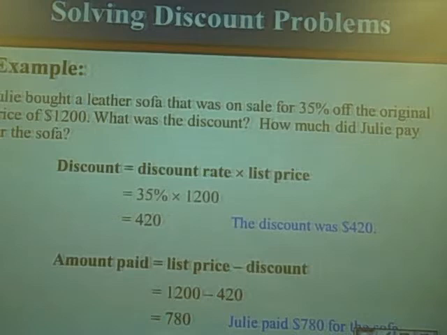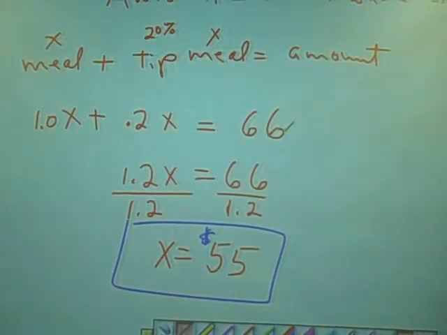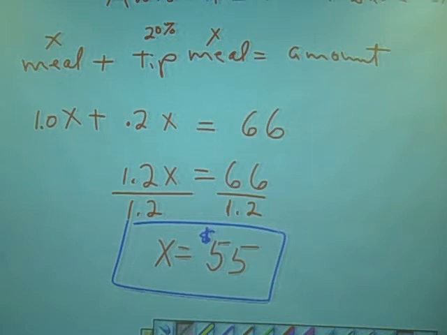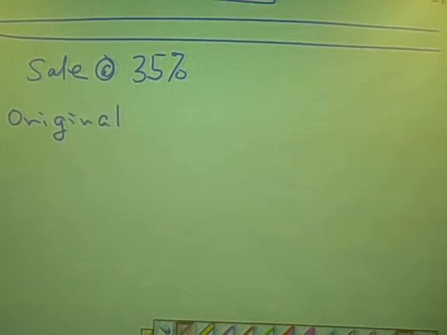All right, so let's work this one out. The sofa is on sale at 35%. The original price is $1,200.